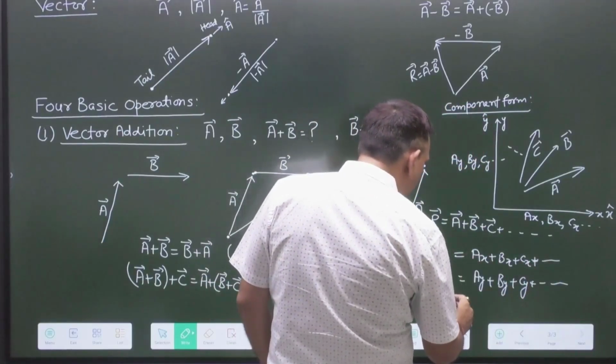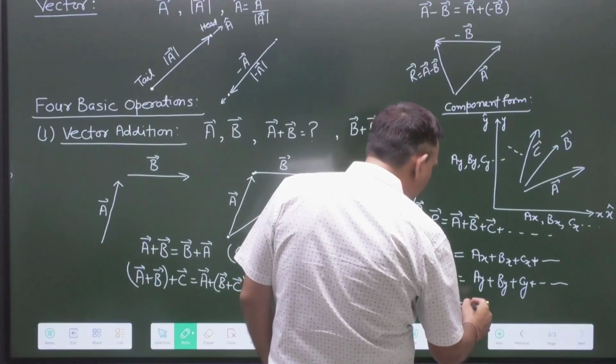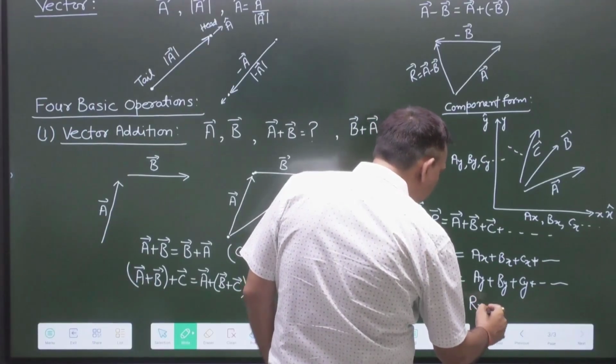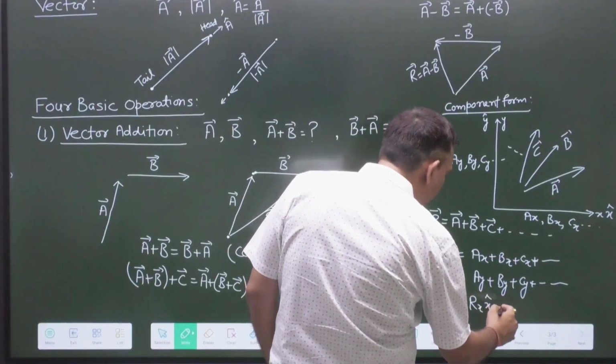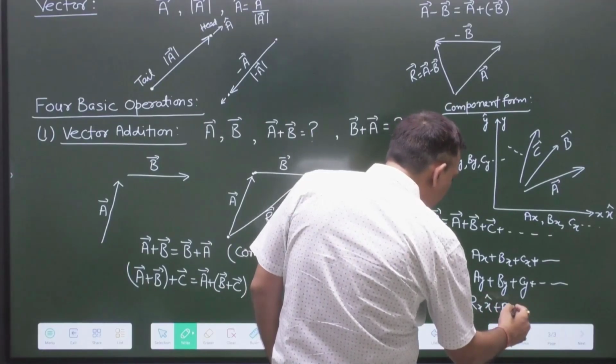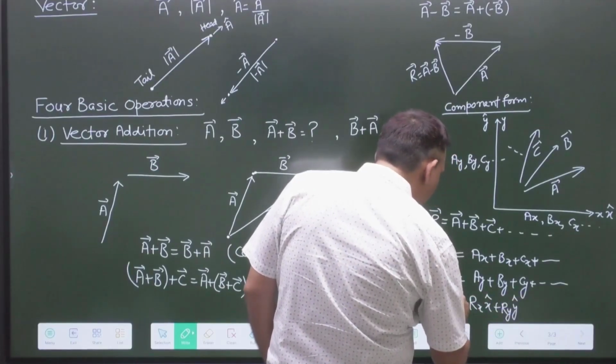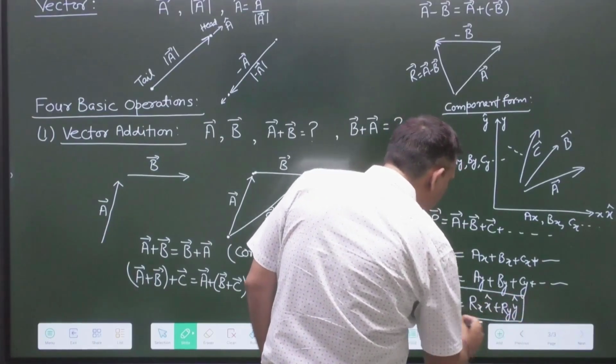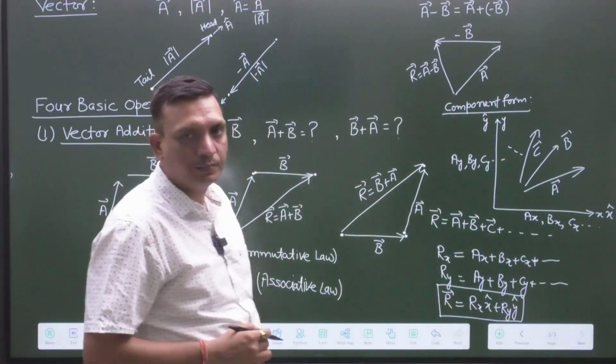So the resultant vector can be represented simply as Rx x cap plus Ry y cap. This is the resultant vector. Yes or no?